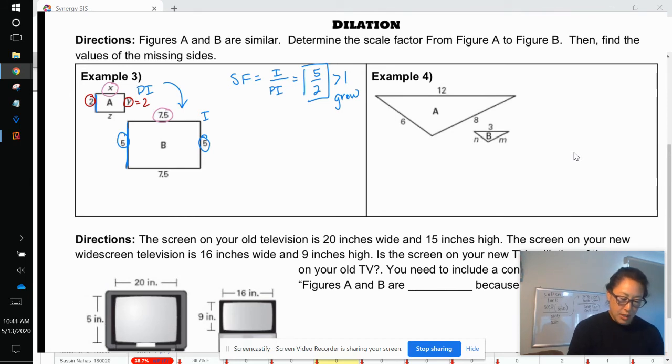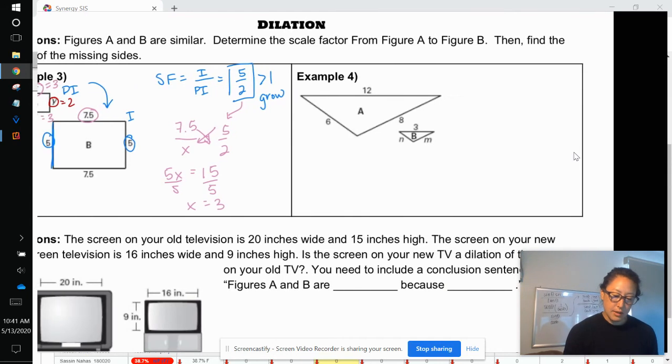So I'm going to do the image 7.5 over the length x equals 5 over 2, because each of these corresponding side ratios should have the same scale factor. We go ahead and cross multiply. 5 times x gives me 5x, and 7.5 times 2 gives me 15. Divide by 5, and x is equal to 3. So x is equal to 3, which means z is also equal to 3.